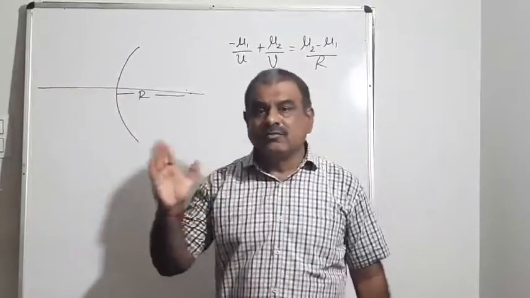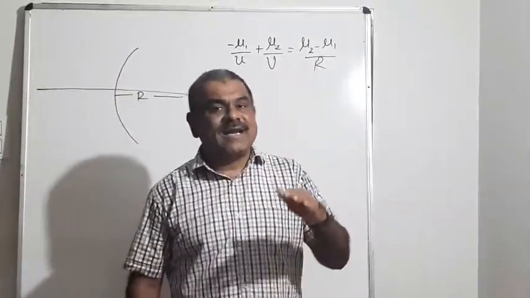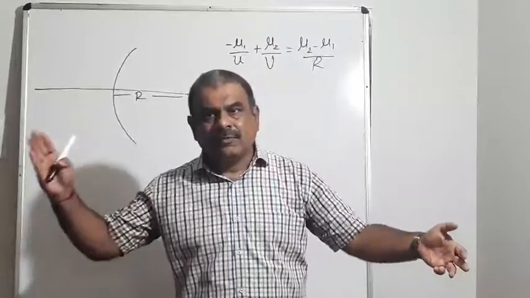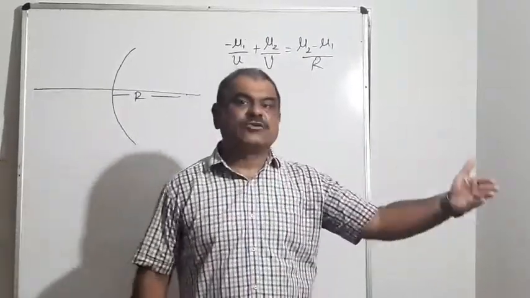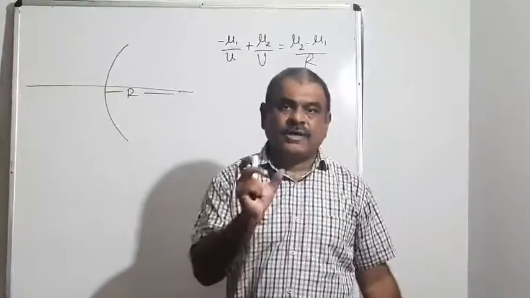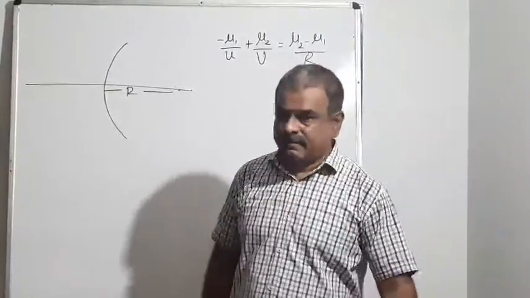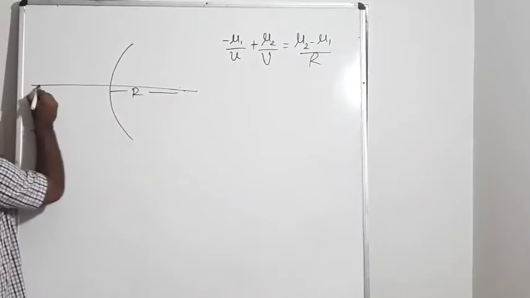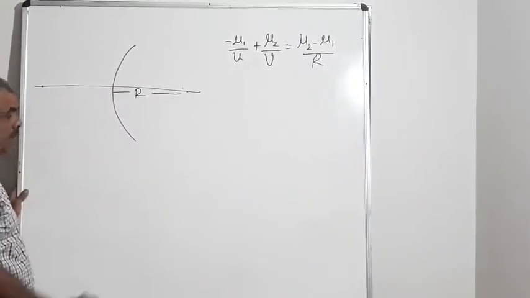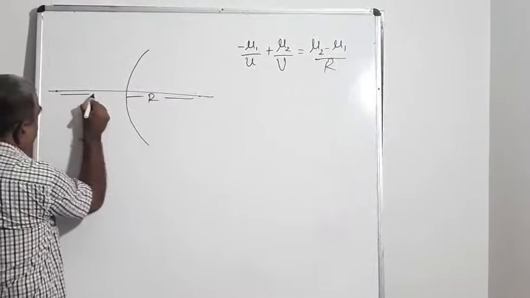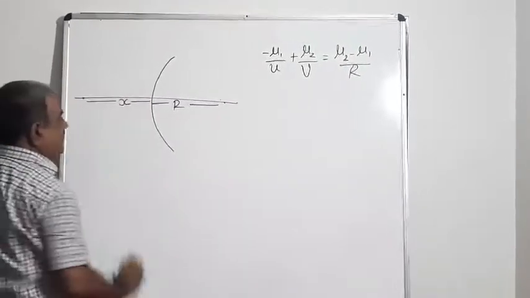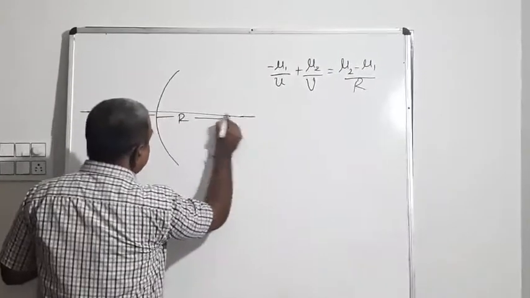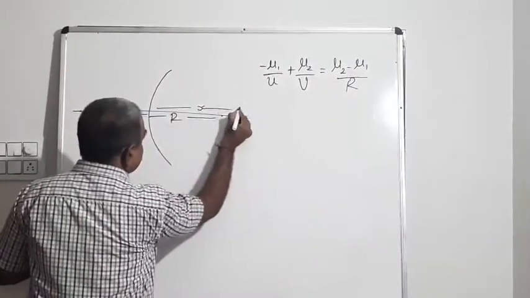Now on a special condition, from a spherical surface of radius of curvature r, at which distance we should place the object so that we are getting the image at the same distance. Like here the object is at distance x and the image is also at distance x. For that, what should be the value of x? Let's say the object is at distance x and the image created is also at distance x.